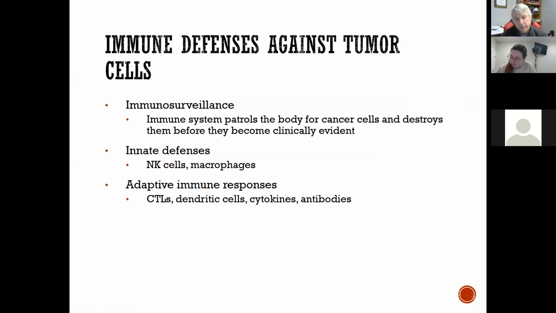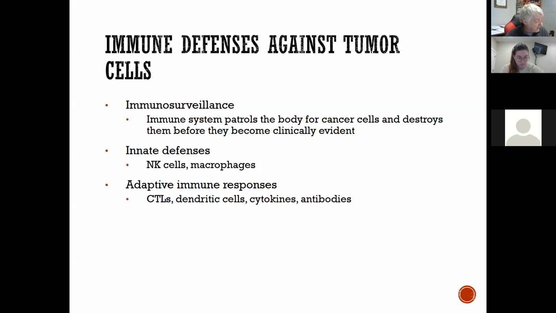And you know that's ongoing, and we hope that our immune system prevents some of the cancer cells from developing and continuing to develop if there has been a mutation and your immune system has picked it up. So that is what we look at as immune surveillance.